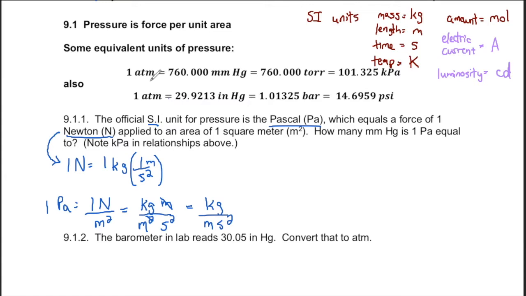So historically, we've had other units to measure gas pressure. It kind of makes sense to deal with gases and how they relate to the pressure of the air around us, being 1 atmosphere. Also, millimeters of mercury. A lot of times gases historically were measured using columns of liquid mercury, which were quite heavy and dense.